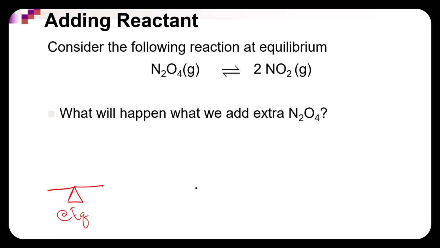The first stress that we are going to do is we are going to add N2O4. We're going to add more to the reactant side. If I add more to the reactant side, so I'm going to put some chemicals on this side, that's going to cause the reactant side to be heavy.